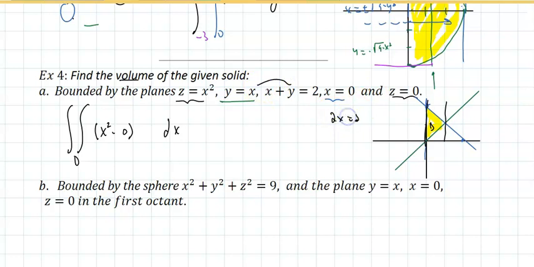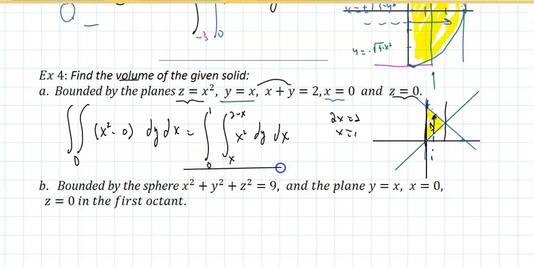So 2x equals 2, x equals 1. From 0 to 1. And y runs from y equals x to y terminates at 2 minus x. And that would be that actual volume.